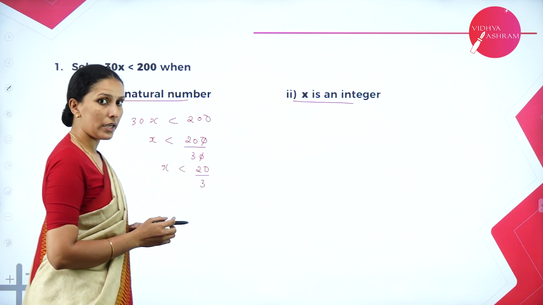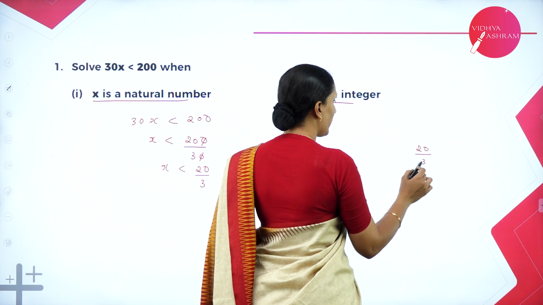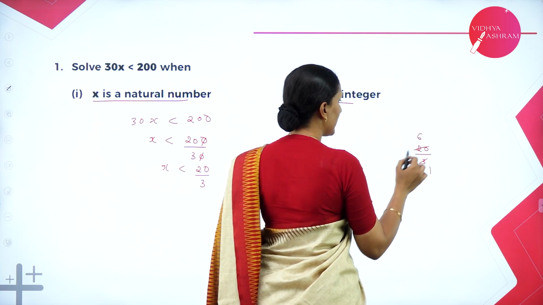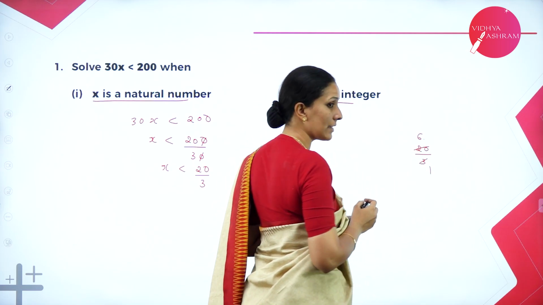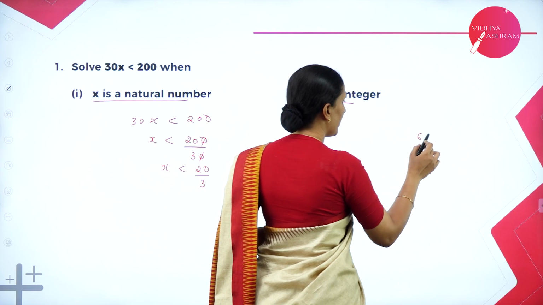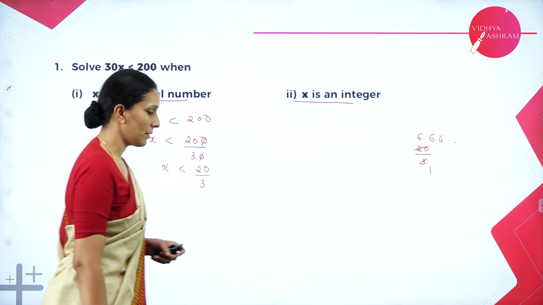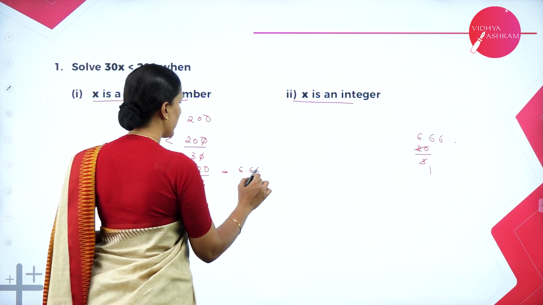So when I say 20 by 3, we have here 3 sixes are 18. So we have 2 remainder, which carries as 20 again. It is 6.666, which is in decimal form. So this is approximately equal to 6.66.